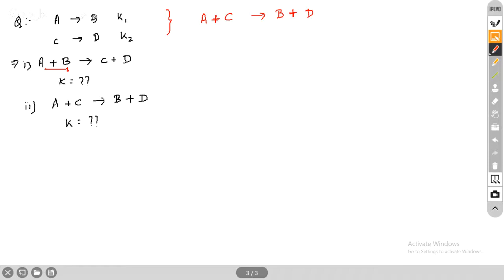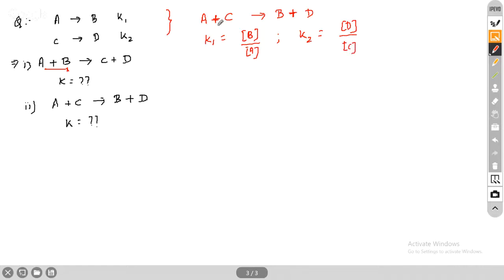First of all, from this relation, K1 is equal to the concentration of B by the concentration of A. And from the second reaction, K2 is equal to the concentration of D divided by the concentration of C, product by reactant.